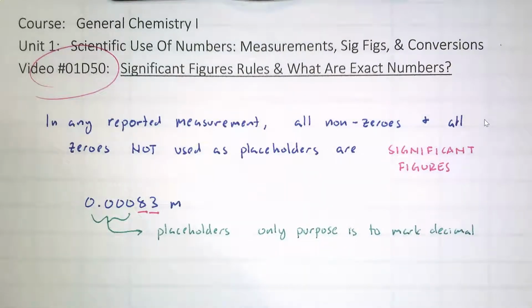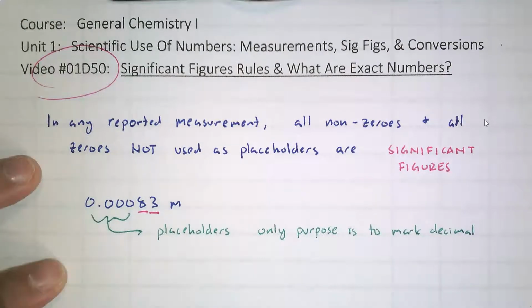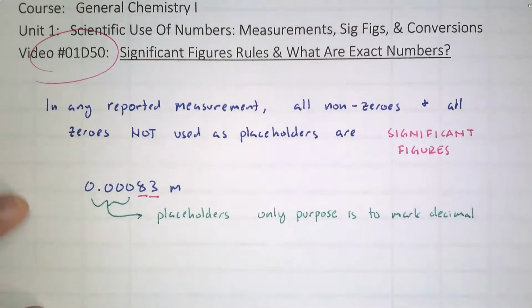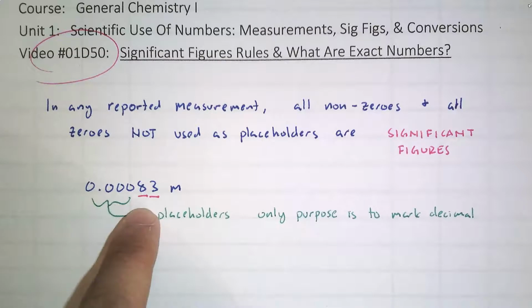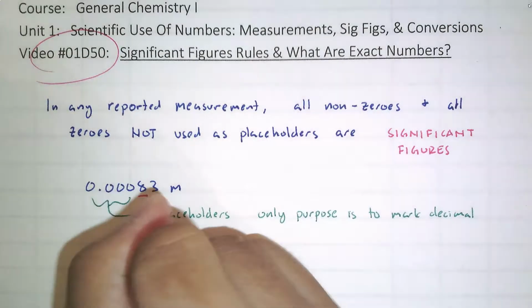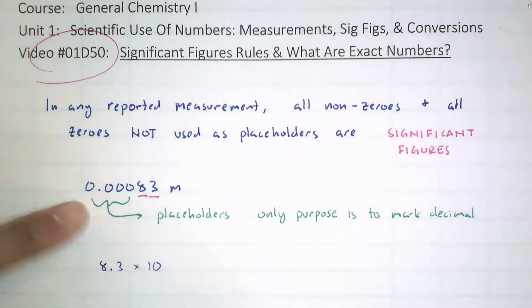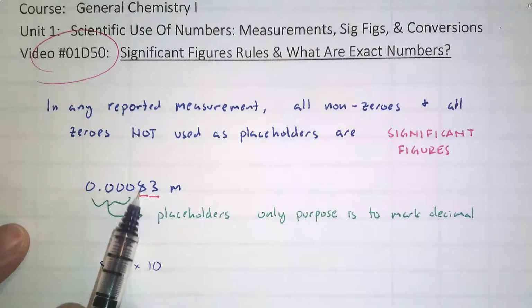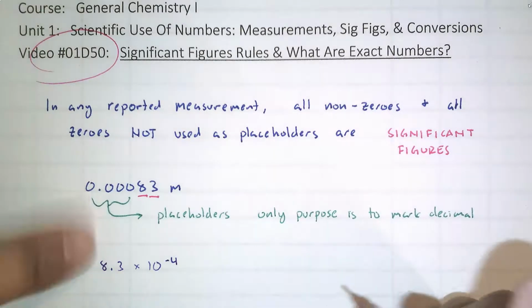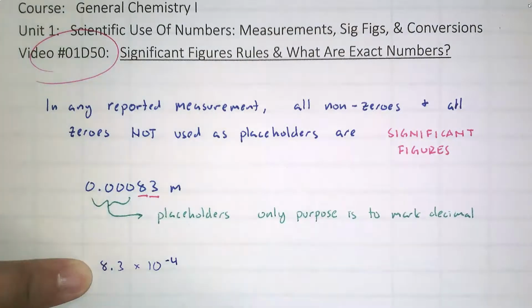We're going to go over some defined rules in just a bit, but I do want to give you a trick. If you express this in scientific notation, you would say this is 8.3 times 10 to the what? 10 to the 1, 2, 3, 4, 10 to the minus 4, because you want to go smaller from 8.3.